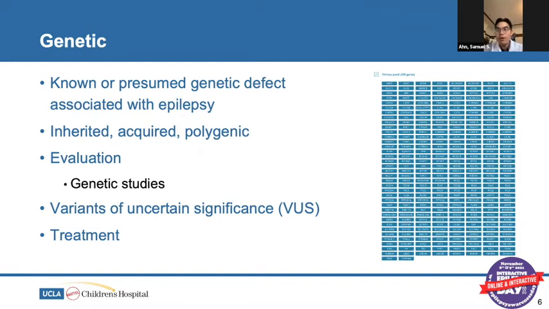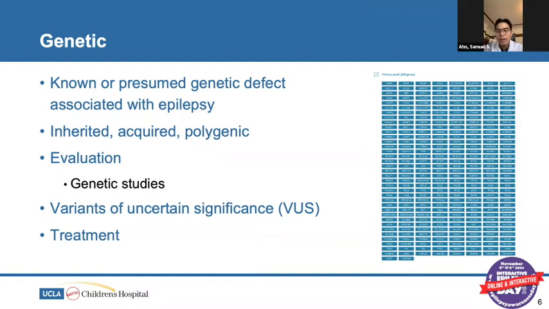Now, this is an ever-growing list of identified genes with functions and relationships with each other. And when we encounter a variant of uncertain significance, we look a little bit closer into what exactly was found and what's different.